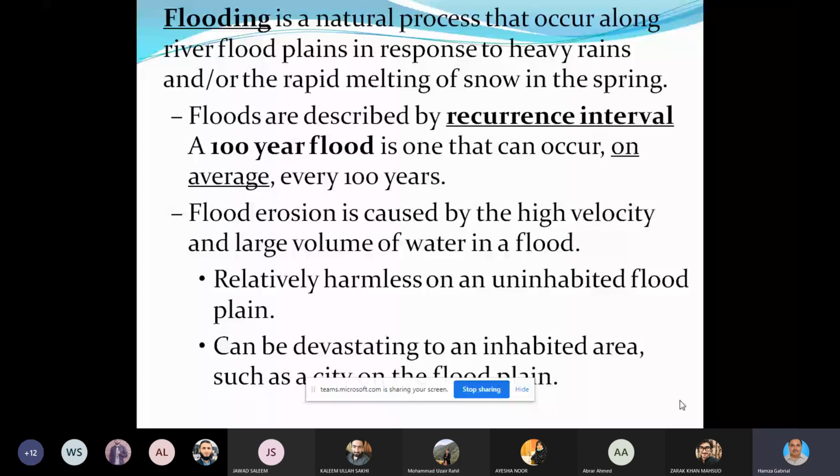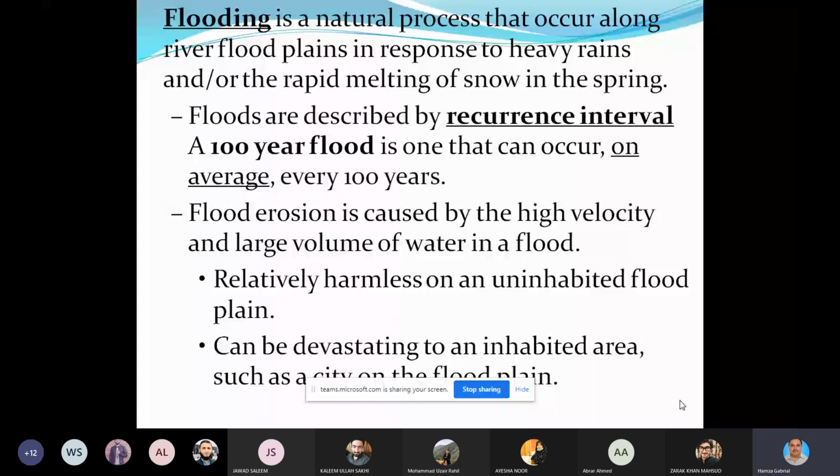We call a 100-year flood the one which can occur on average every 100 years. That is, its probability is 1 in 100; in any 1 year, it can occur. Like the super flood of 2010, its return period or recurrence interval was 500, that is, it has a probability of 1 in 500.